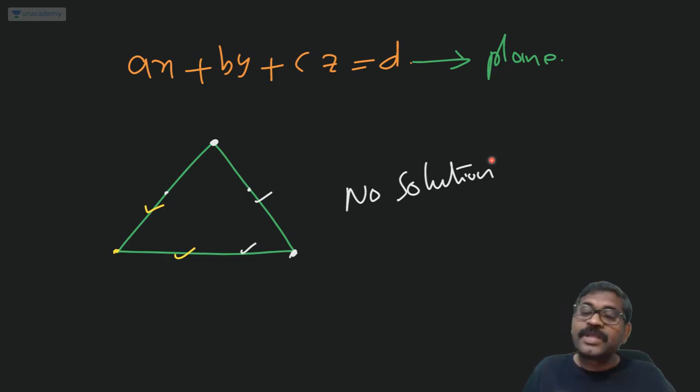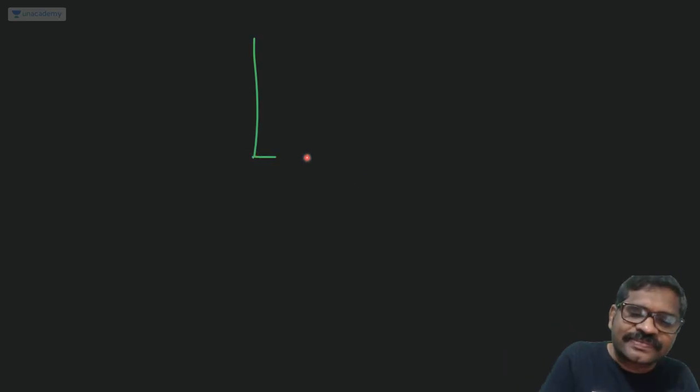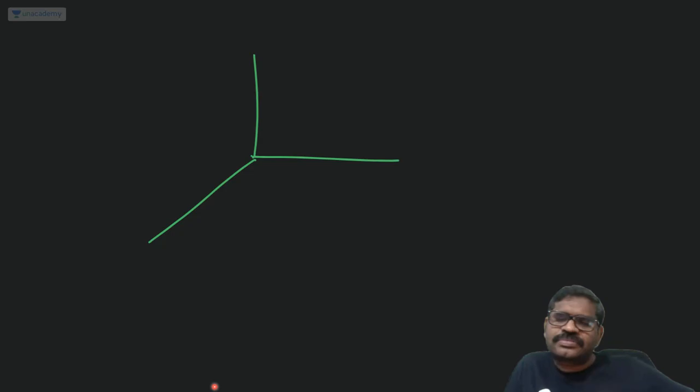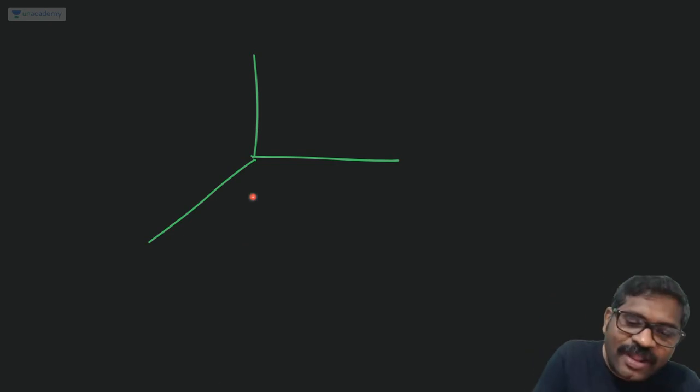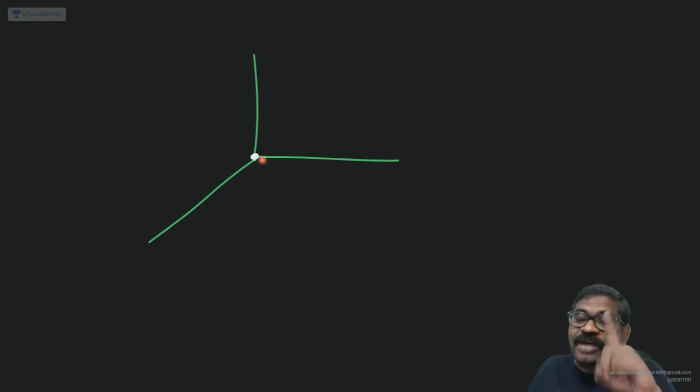Suppose three planes are intersecting like this. Do you have any common point of intersection? Yes, you have one common point of intersection, one and only one point of intersection.